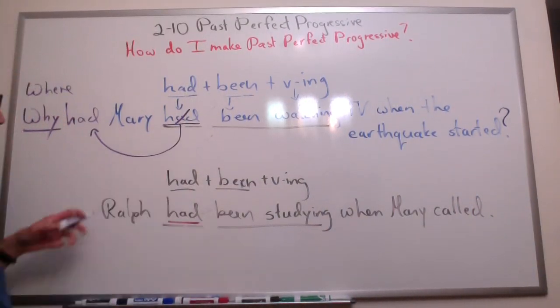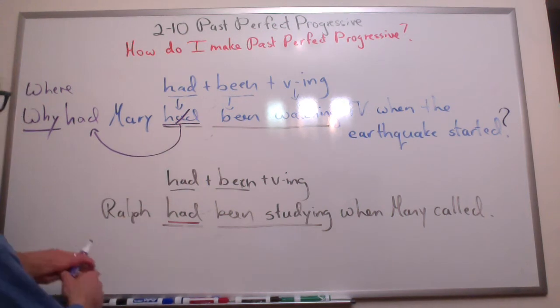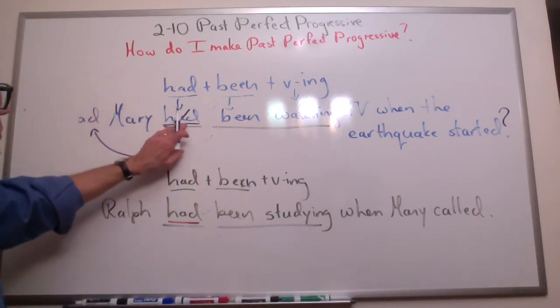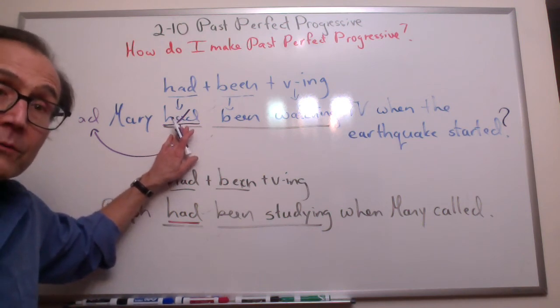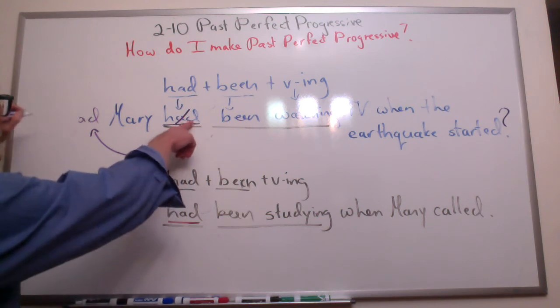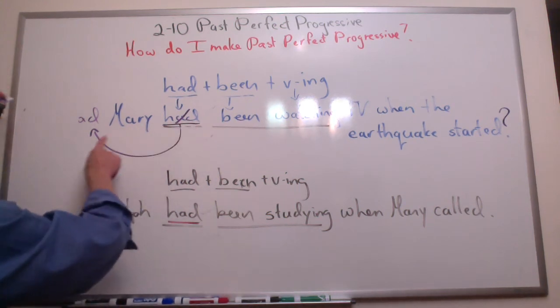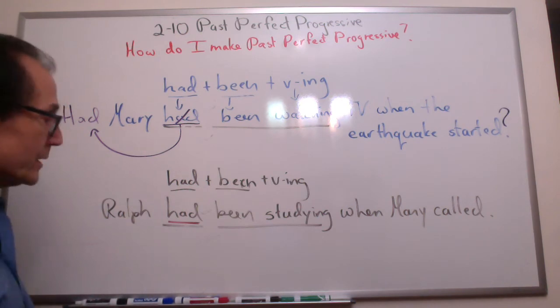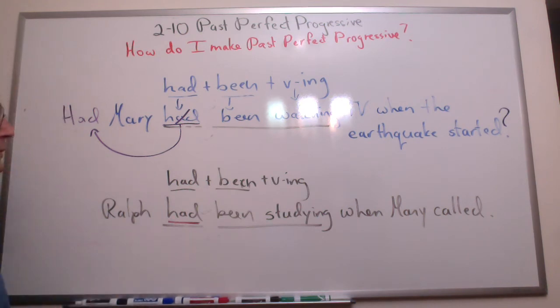So if you'll remember, the way I make a yes-no question is I take the first word of the verb, if the verb has more than one word, and I move it to the front. So I take had, the first word of the verb, and I move it to the front.